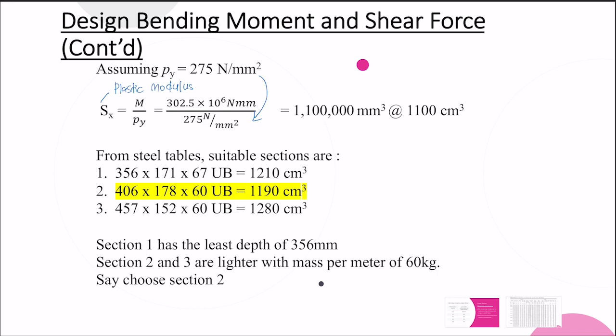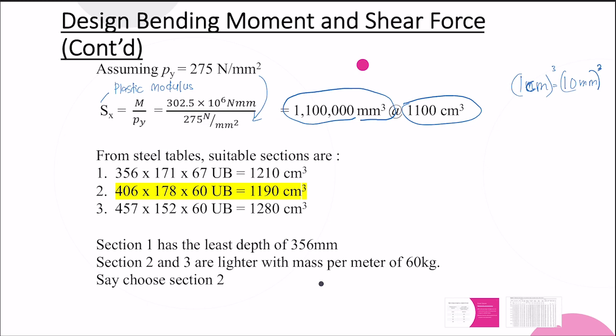And since we are going to refer to the table to find the suitable section, we need to convert this value in millimeter cube to centimeter cube. As you know, 1 cm is equal to 10 mm. Therefore, since this is cube, it becomes 10 to the power of 3 millimeter cube.